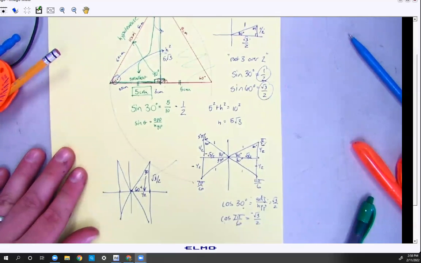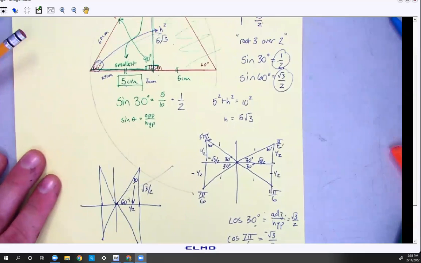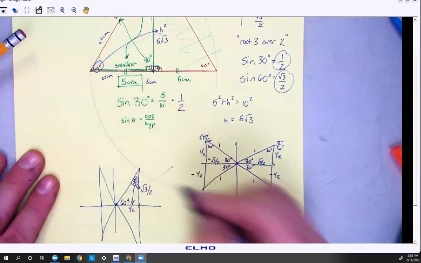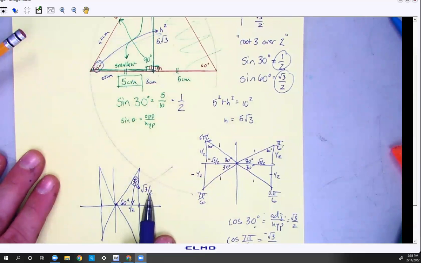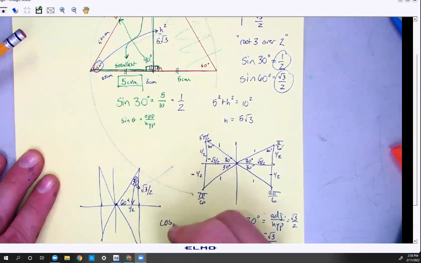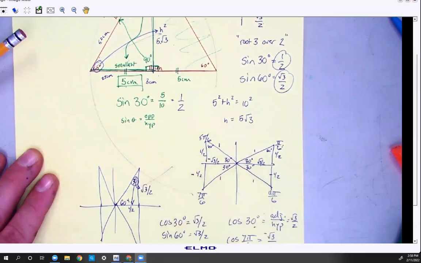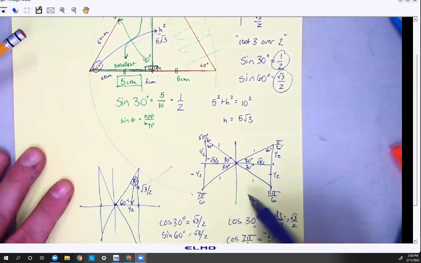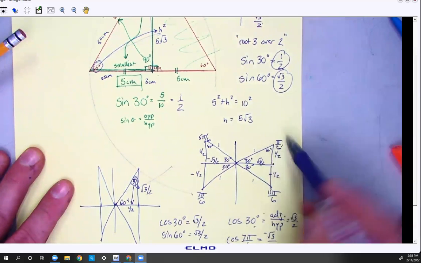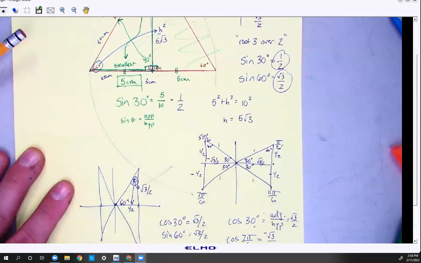It's root 3 over 2 times bigger. It's the same as the cosine of 30, because the side that's next to 30 is the one that's opposite 60. So the cosine of 30 degrees is the same thing as the sine of 60 degrees. They're the same value because we're talking about the same side. The side that's opposite 60 is the one that's next to 30.